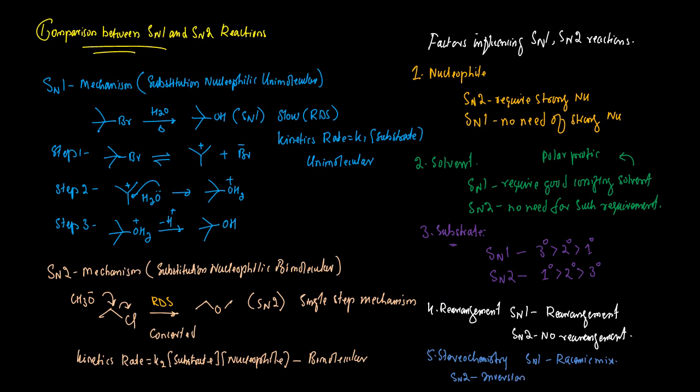So let's summarize all these factors. Nucleophile: usually a strong nucleophile is required for the SN2 reaction, and no such strong nucleophile is required for the SN1 reaction. As far as solvent is concerned, a good polar protic solvent is required, such as ethanol or water, for ionizing the substrate. But as far as the SN2 reaction is concerned, it requires a good nucleophile rather than a good solvent.